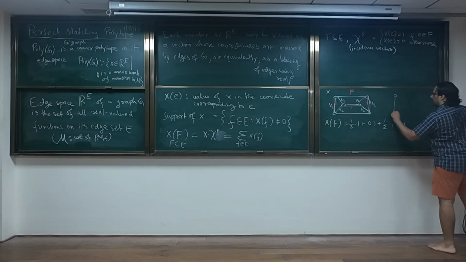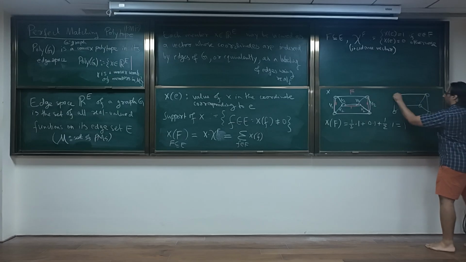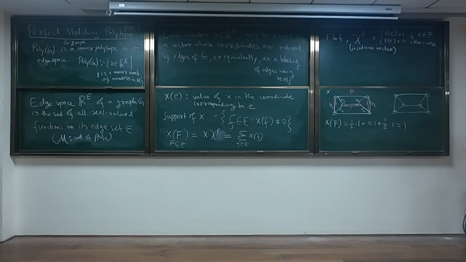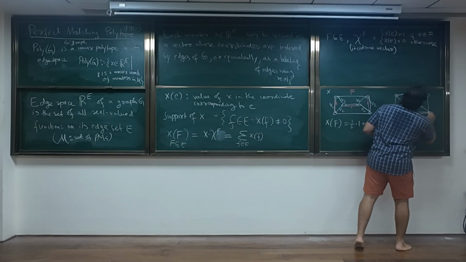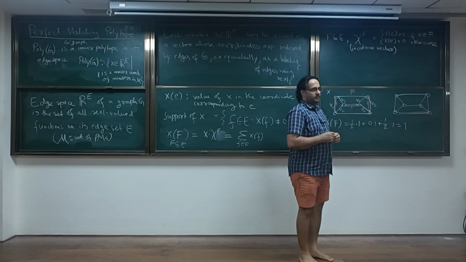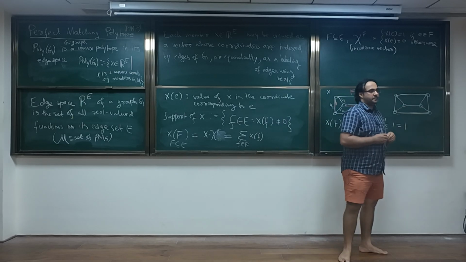Same graph. There are 4 perfect matchings in this graph, as we have discussed in the past. Observe that this edge belongs to 2 perfect matchings. Either I take these 2 edges or I take these 2 edges.